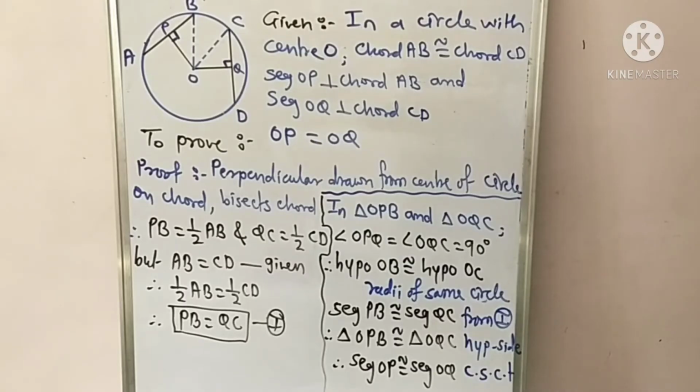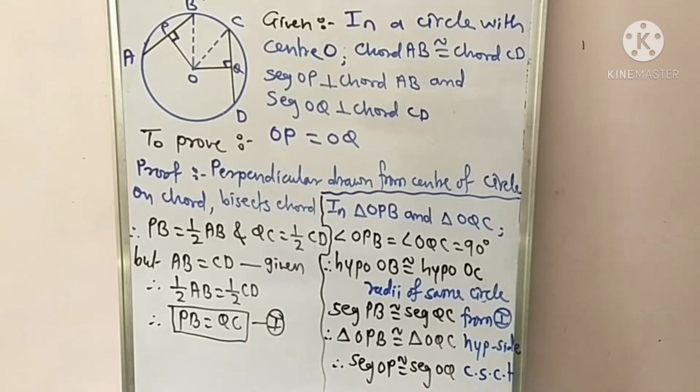Like this we write down the statements: in triangle OPB and in triangle OQC, two angles, angle OPB, equal to angle OQC, equal to 90 degrees, because of the perpendicularity property.